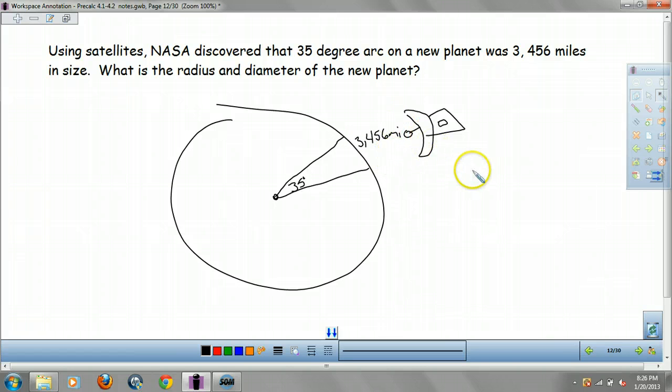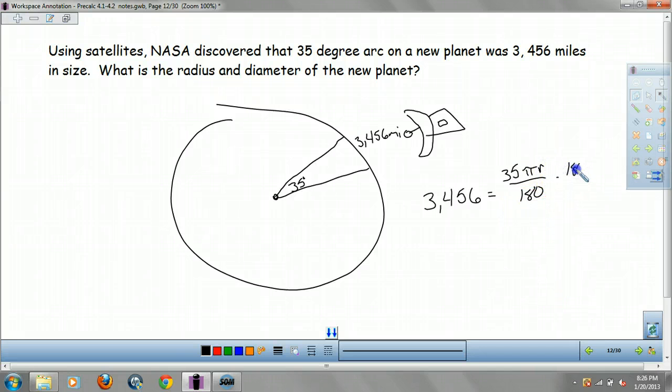Now we have to find the radius, like we want to get to the core. So we set up that our arc length equals our degree measure times pi r all over 180.